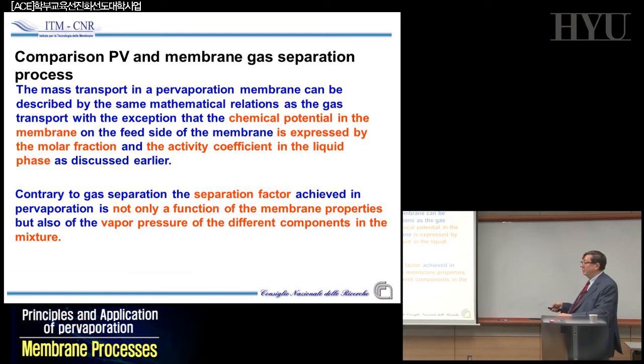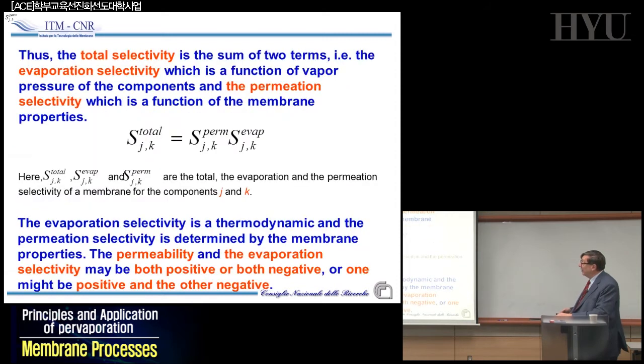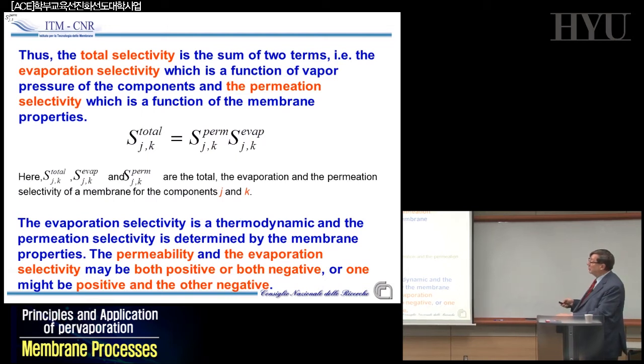membrane, not only related to the difference in vapor pressure, but also related to the membrane properties that are controlling the selectivity. So the total selectivity basically is related to 2 terms. Your total selectivity is related to one component which is called the permeation selectivity, which is a function of the membrane properties.